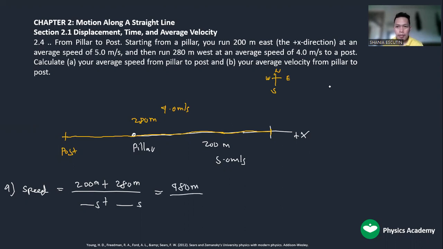To get the time, note that speed is equal to distance over time. So for the trip from pillar to the position in the east, your time equals distance divided by speed.